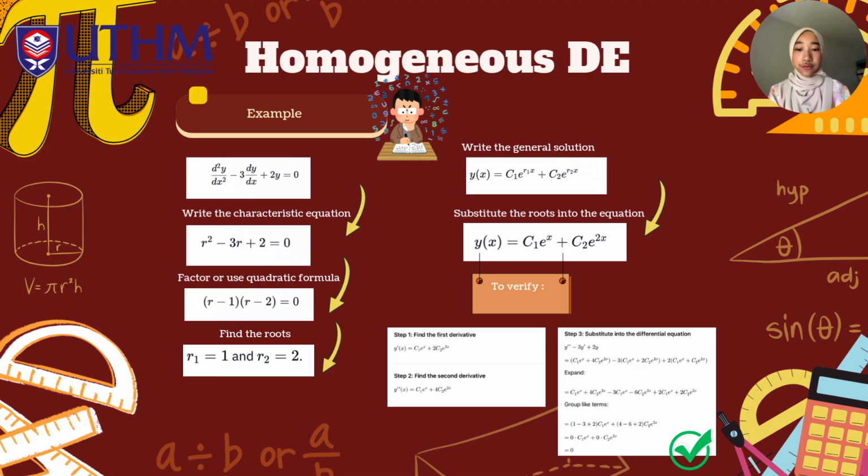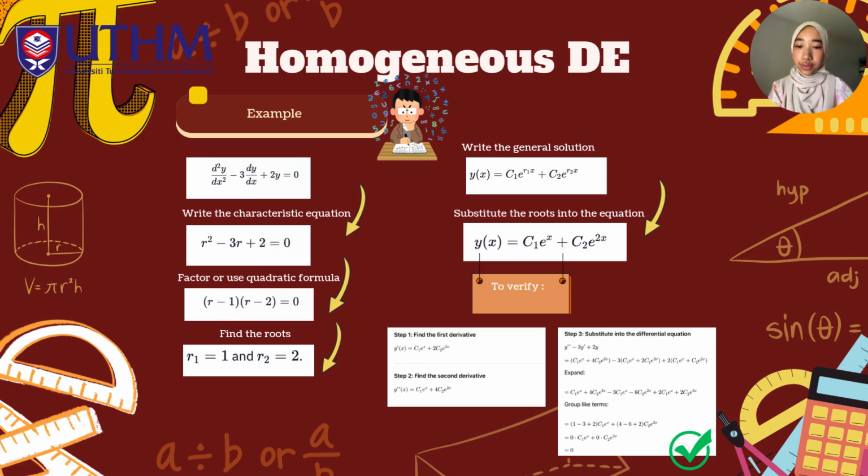Then we have to factor it or use the quadratic formula, and here we can just put the values into our calculator. After that, we can find the roots. For this equation, root 1 is 1 and root 2 has the value of 2. Since we have two real and different roots, we can use the case 1 approach.